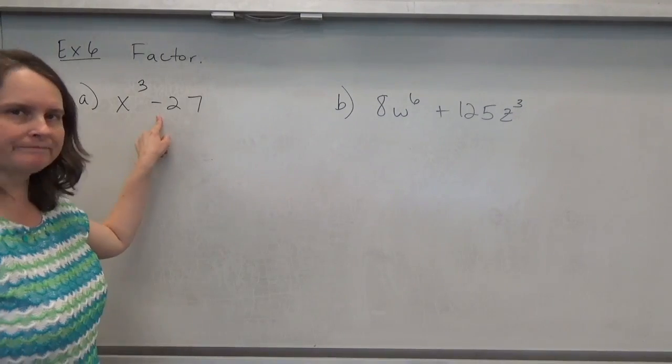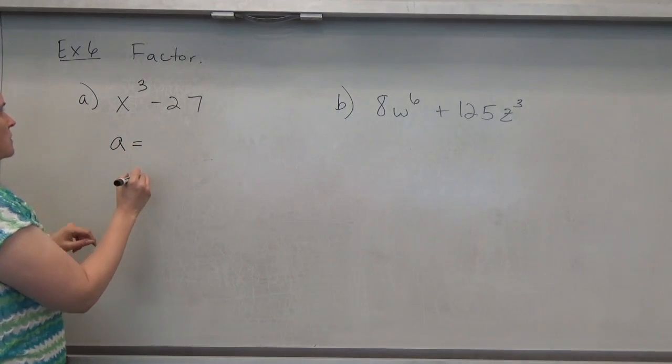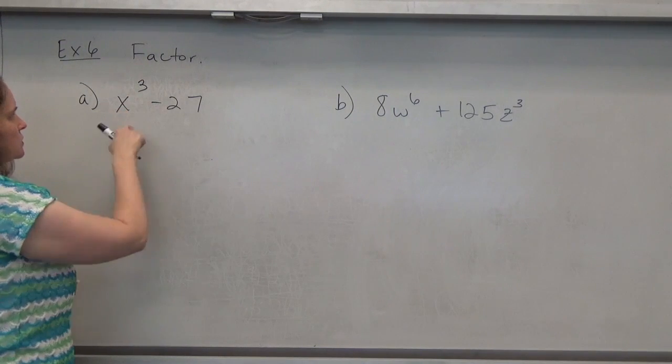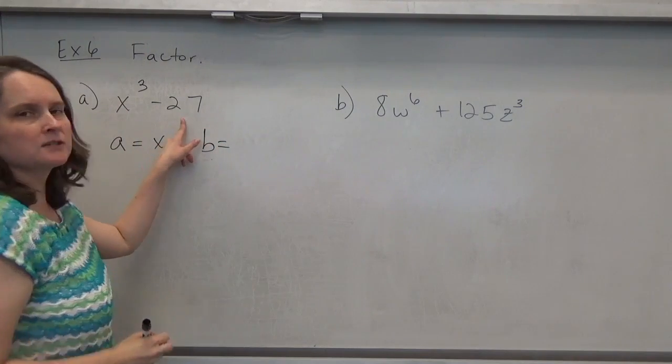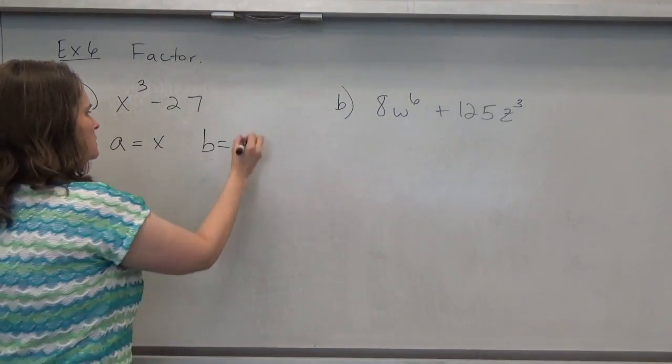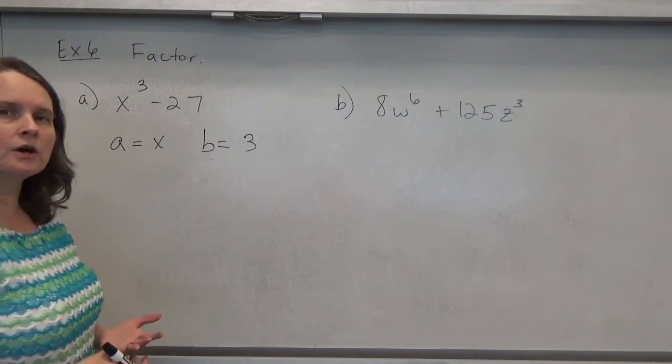Because they're being subtracted. So A, for your formula, what do you cube to give you your first term? A is x. What do you cube to give you your last term? B needs to be 3. All right, and my formula, again, is in your notes.